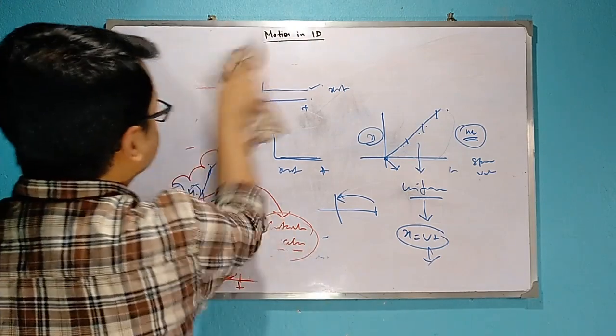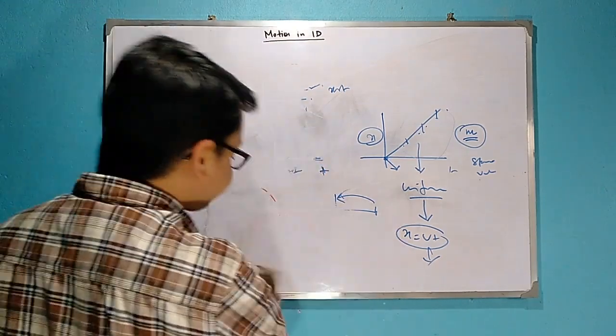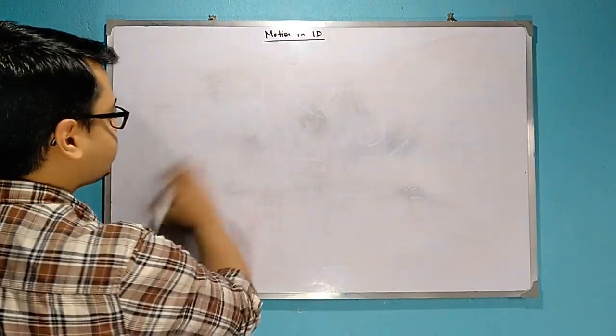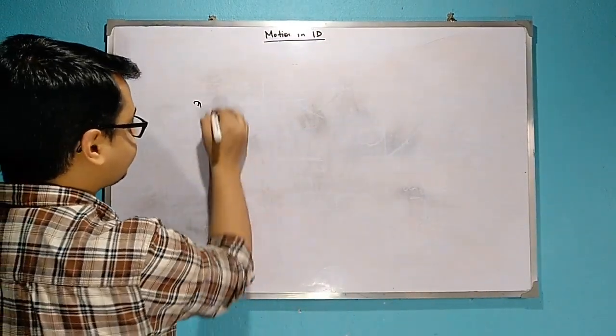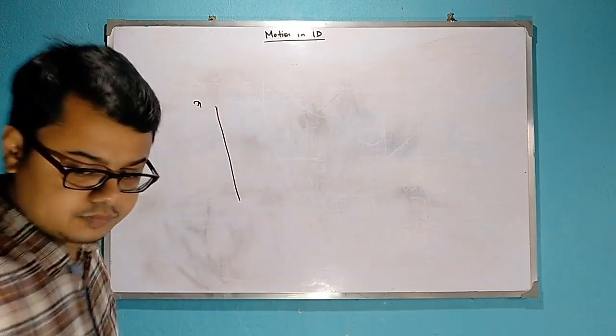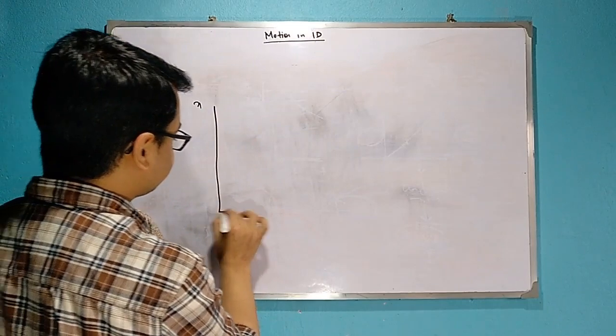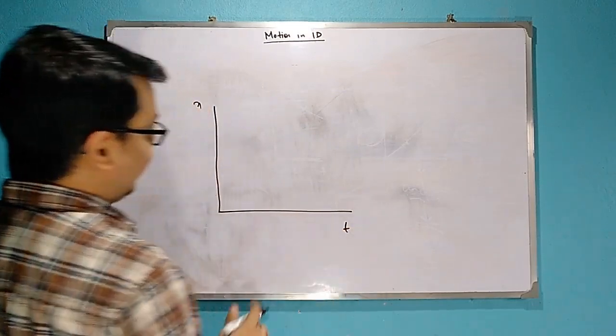Okay. So let's move further. Suppose I have an x-t graph, and my graph looks like this.